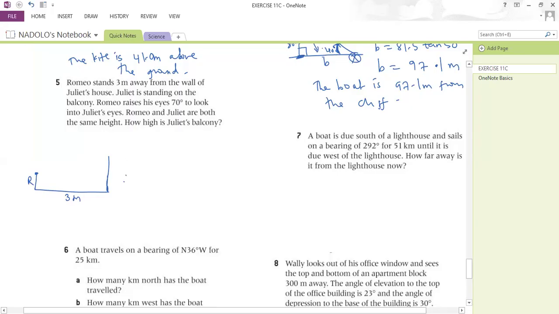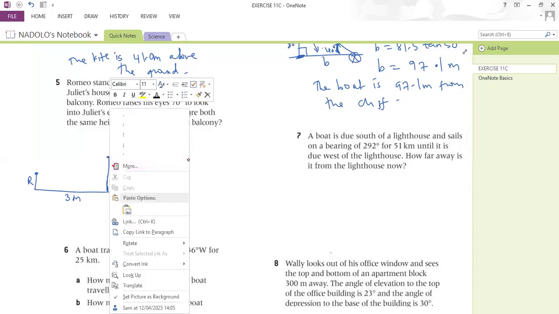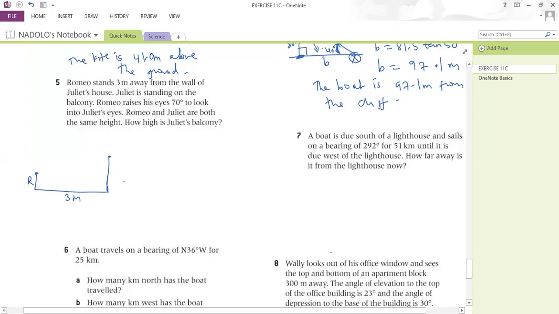Juliet is standing on the balcony. So this is how high the balcony is. And let's say the balcony is at this point and Juliet is standing on that balcony. And then Romeo raises his eyes 70 degrees to look into Juliet's eyes. So let's say this is Juliet standing here and her eyes are here.